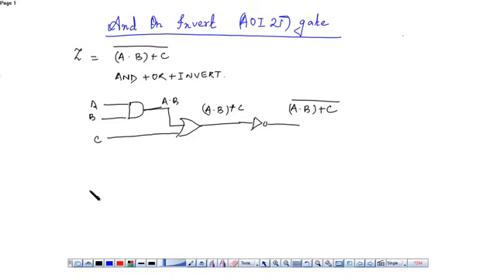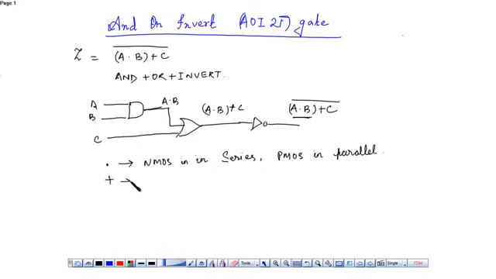Before going to the truth table, when there is a dot operator between A and B, we know that the NMOS is in series and the PMOS is in parallel.